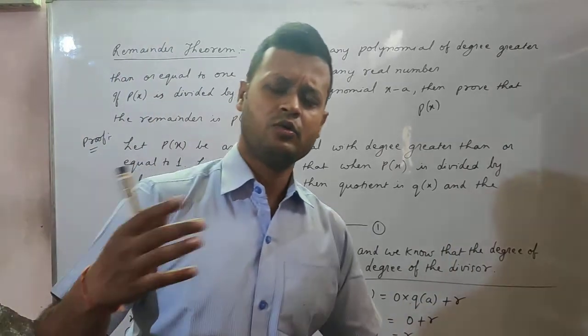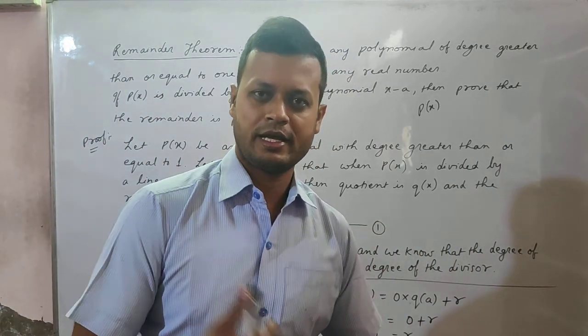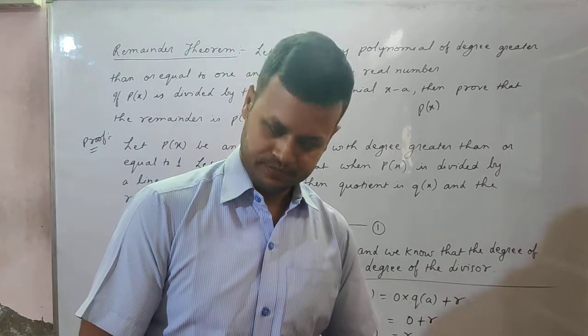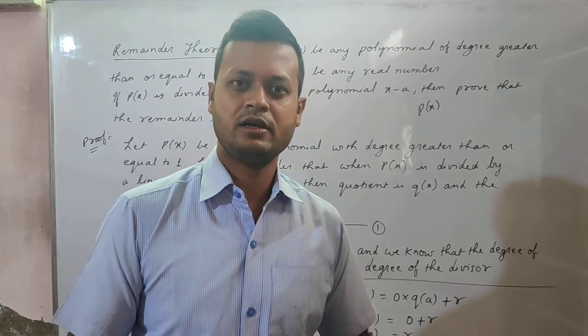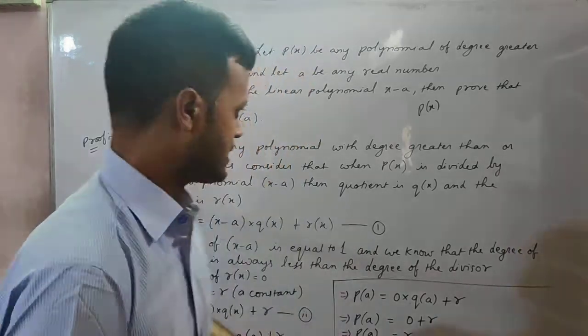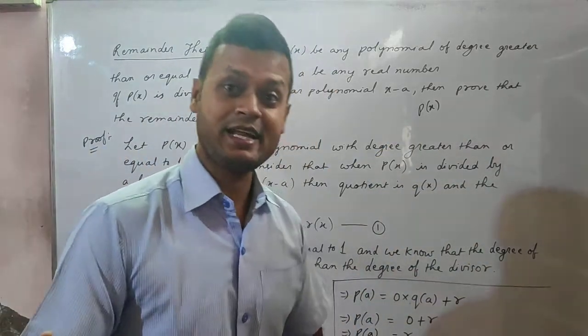It can be equal to 1 also, like x plus 2, 2x plus 3. The degree of 2x plus 3 will be 1, isn't it?